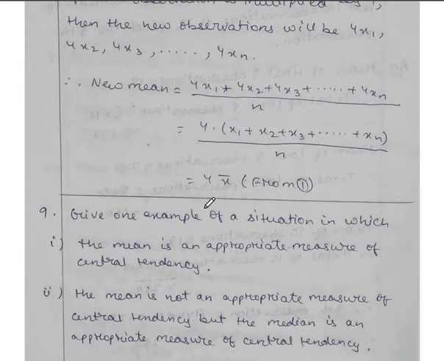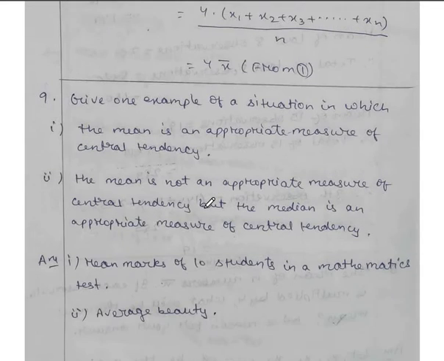Now question number 9. Give one example of a situation in which, number 1, the mean is an appropriate measure of central tendency, and second, the mean is not the appropriate measure, whereas the median is the appropriate measure of central tendency. Actually mean, median, mode all come under the measures of central tendency.